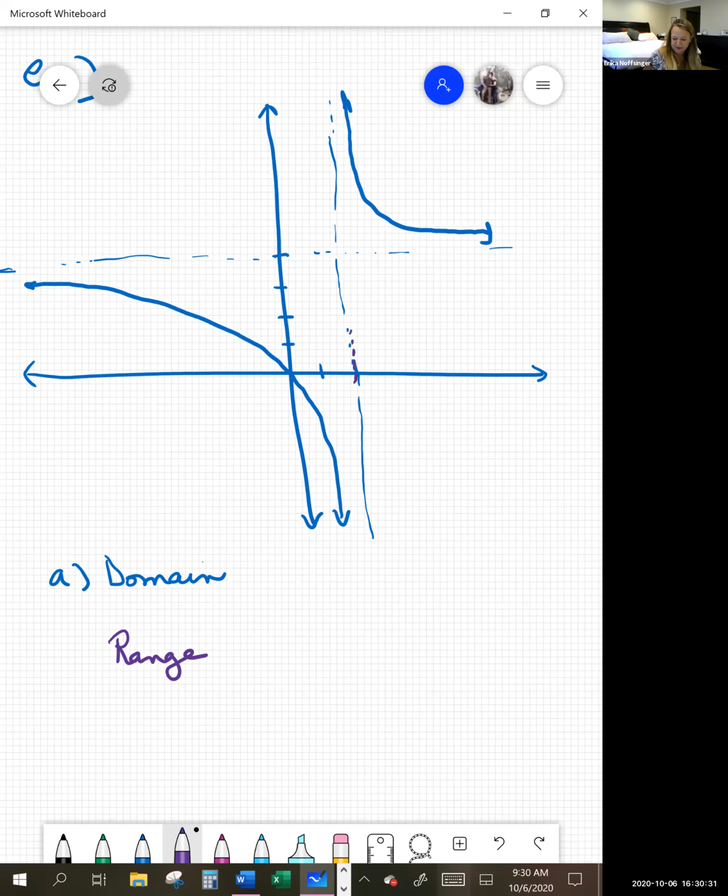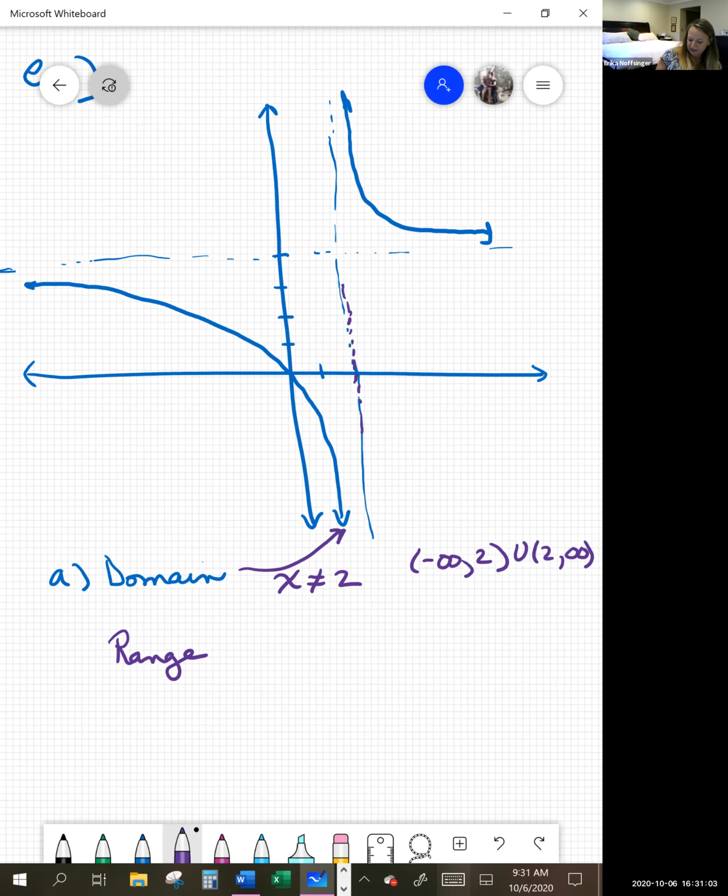So right here we have a vertical asymptote. You don't hit 2, right? So we don't hit 2. So on our graph, x cannot be 2. And so it's going to be all real numbers but 2. There are so many ways that we can write that. So negative infinity all the way to 2, parentheses, union, parentheses, 2 to infinity.